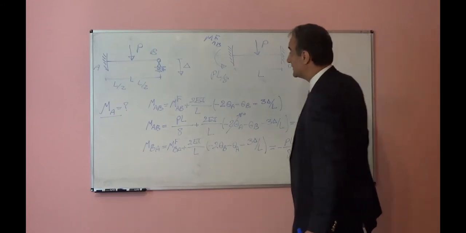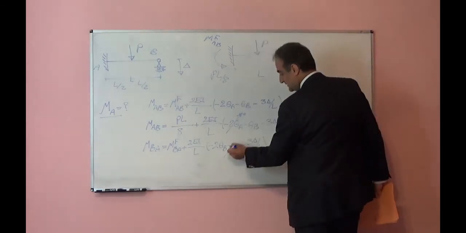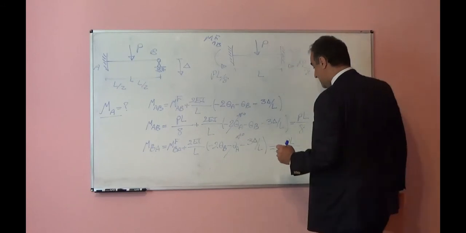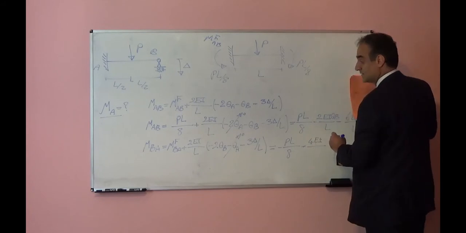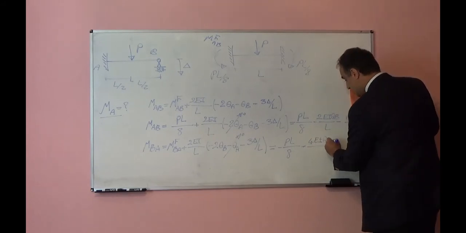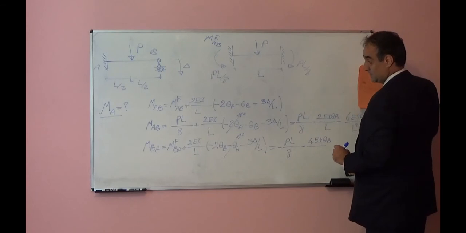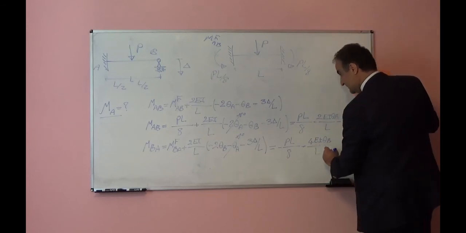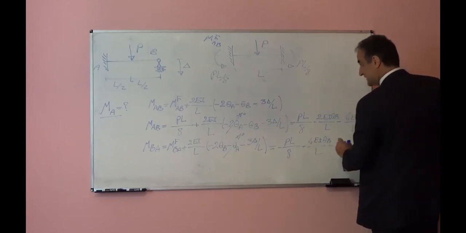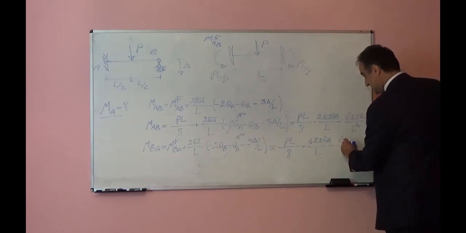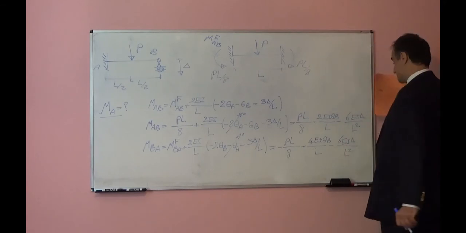Theta A, again, is 0. Minus 4EI theta B over L, minus 6EI delta over L squared.